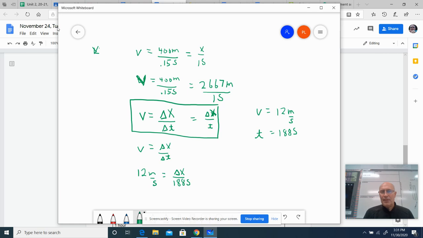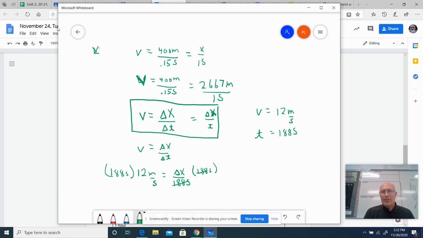Well, how do I solve this problem? You guys already know how to solve this. This is a simple math problem. We just need to get the 188 seconds over on the other side of our equation. We need to multiply both sides by 188 seconds. It cancels on this side, and we put it over here.